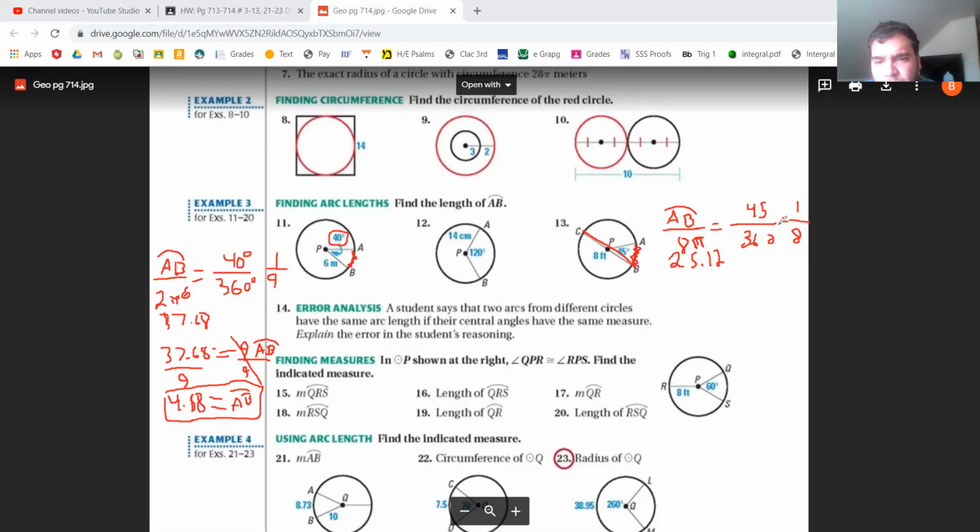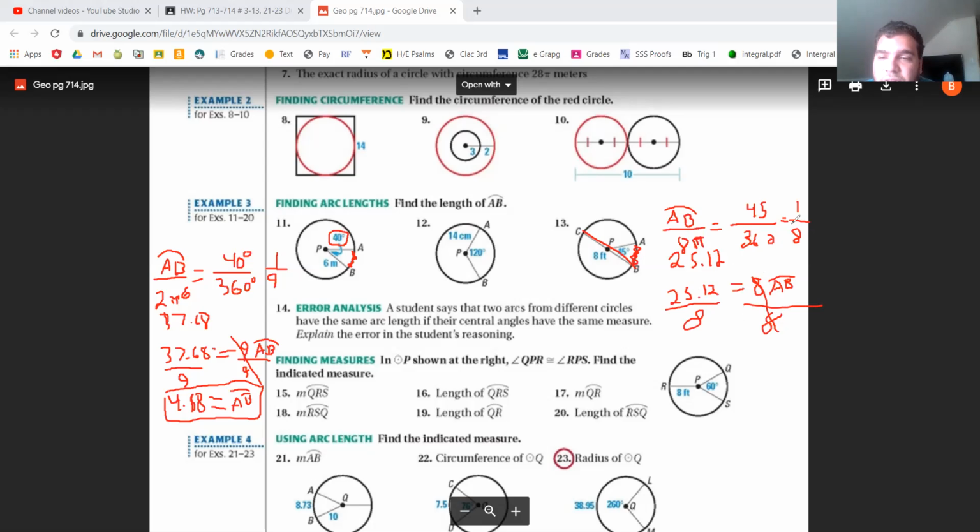Thankfully, 25.12 times 1 is still 25.12 equals 8/AB. And I should be clear, you're not forced to simplify it, but if you see that you can simplify it, try to simplify it. It'll make your life a little easier. If you didn't simplify and you plug in the numbers correctly, you still get the right answer all the way through.